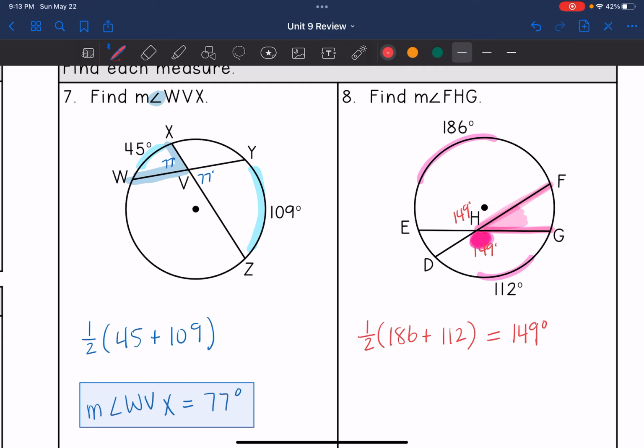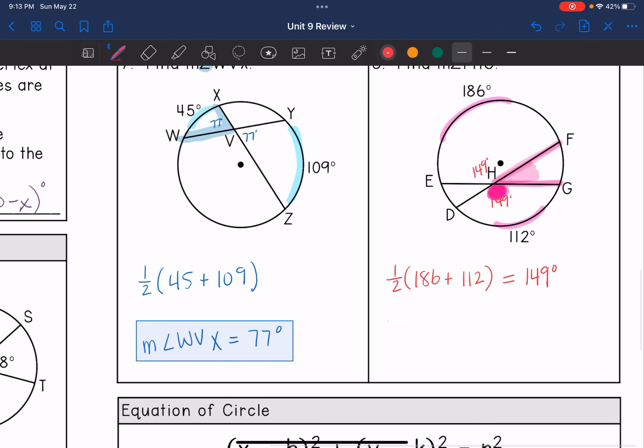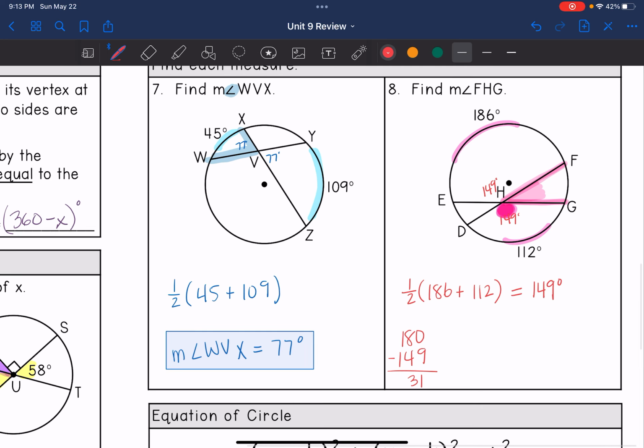So in order to find that angle, we'll do 180 minus the 149 that we just found, and we get 31 degrees. So that means that the measure of FHG is equal to 31 degrees.